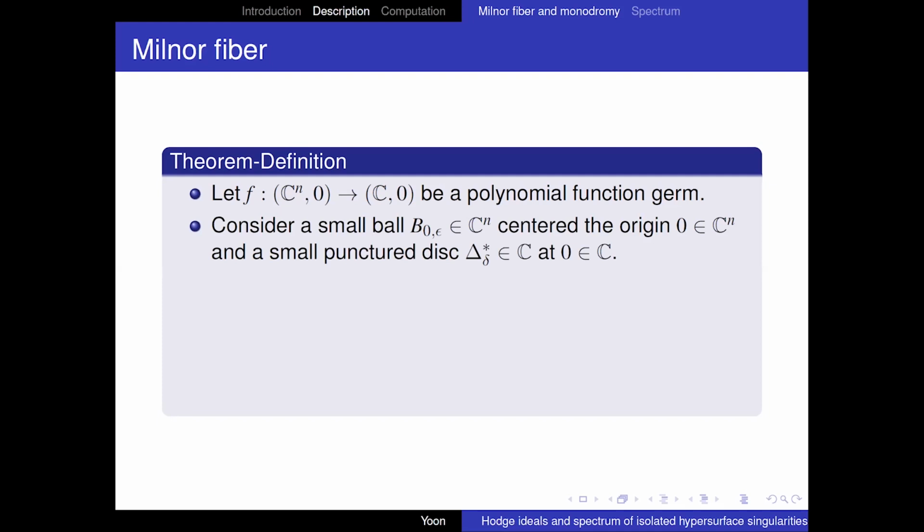Here's the same setting. We have a function germ, but here I use the polynomial function germ because this is a theorem, also a definition, but also a theorem to say the following statement, which is not true in the analytic category as far as I know, even though I do not have an example.